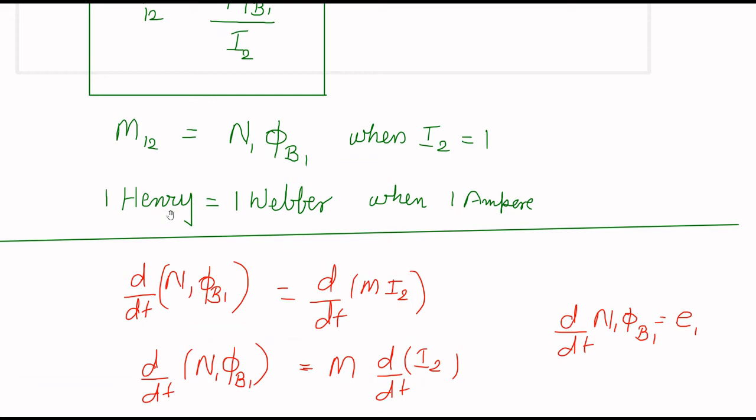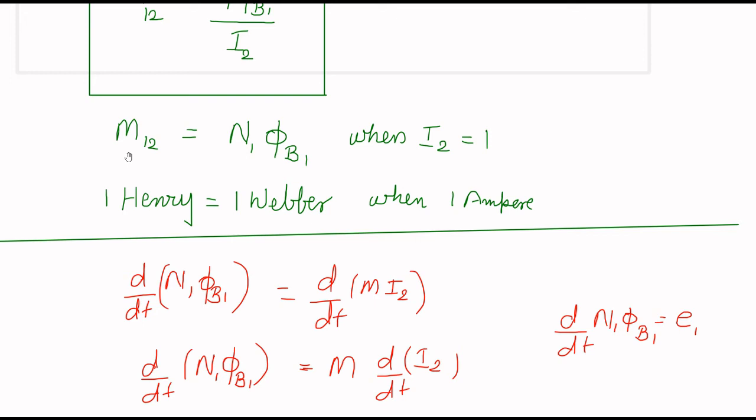Now let us see how to define 1 Henry. 1 Henry is the mutual inductance of one coil with respect to the neighboring coil if 1 Weber magnetic flux is associated with one coil when unit current, that is 1 ampere current, passes through the second coil.